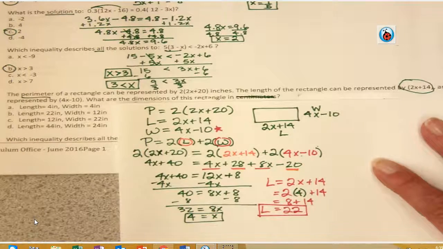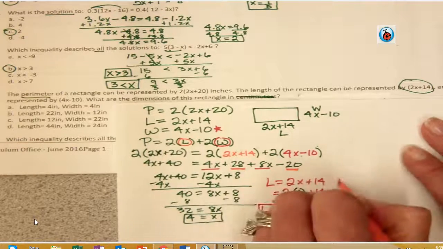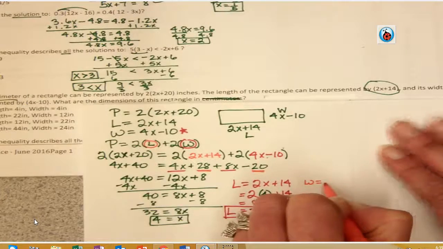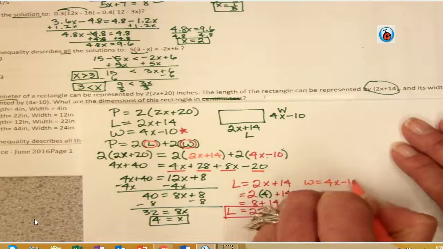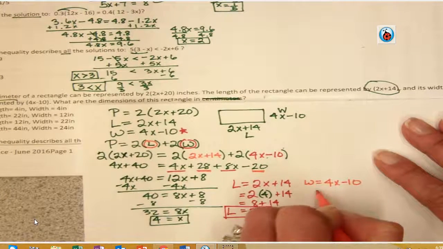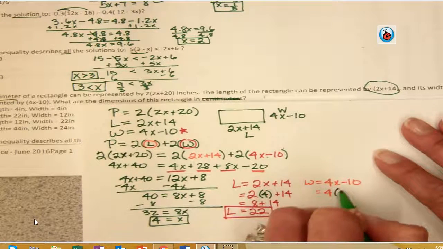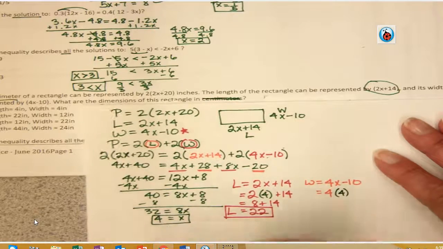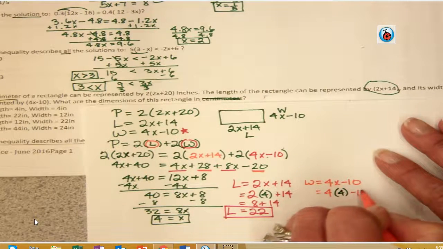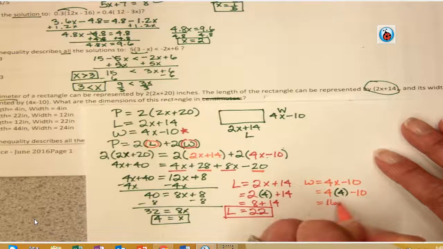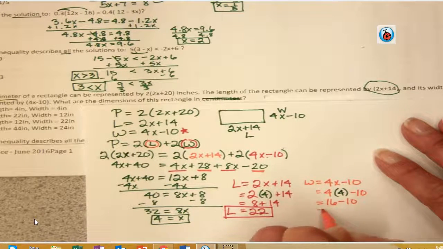Then to solve for my width, I know my width equals 4x minus 10. I'm going to throw in my x again. 4 times 4 is my x, minus 10. I get 16 minus 10. W equals 6.